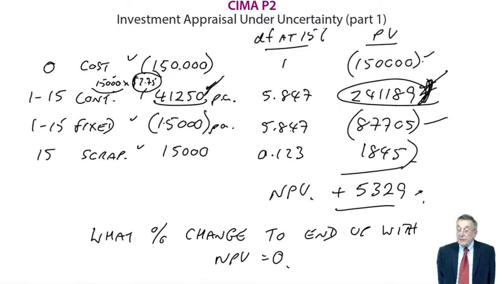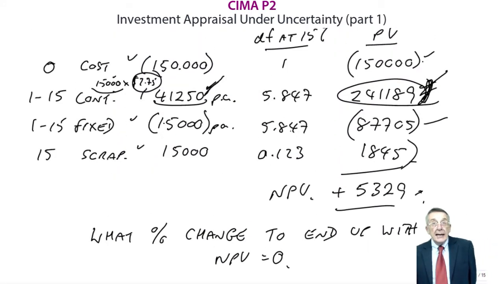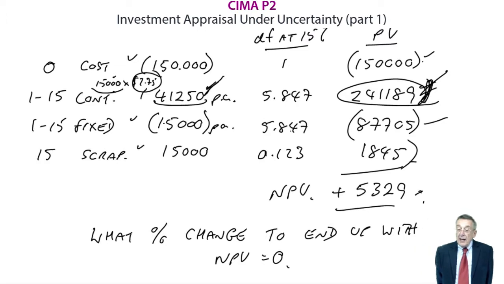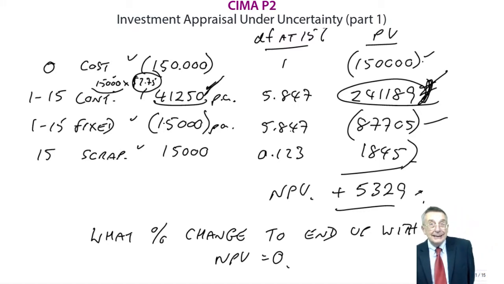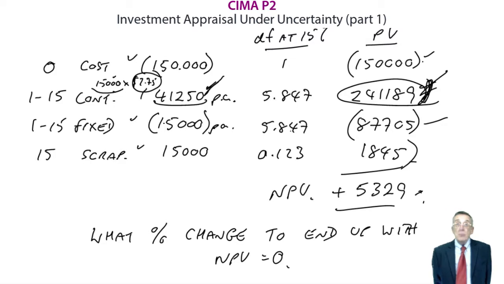We think it's 15, but clearly, if it was higher or lower than 15, even with everything else being equal, the NPV would be different. Provided it's positive, the NPV, we're okay, but if ever it's negative, we're not. Break even would be an NPV of 0.